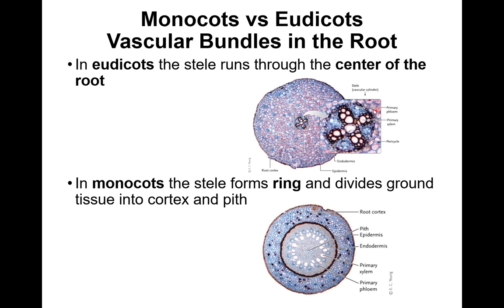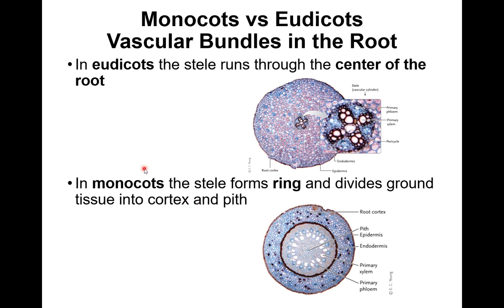The endodermis here is this circle right above the pericycle. So you have a single one right in the middle of the root. That's what you see in the eudicots. And the cortex is very, very thick, very large right here. You don't see a pith in the eudicots.